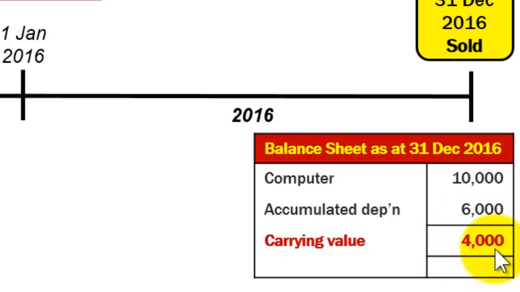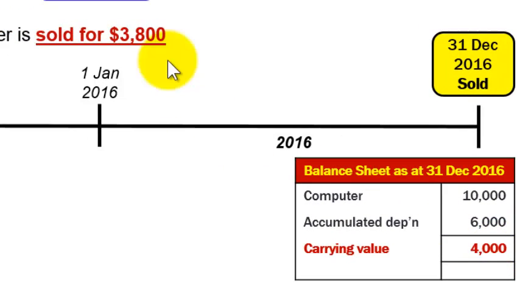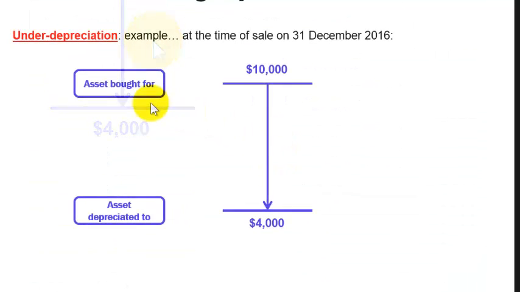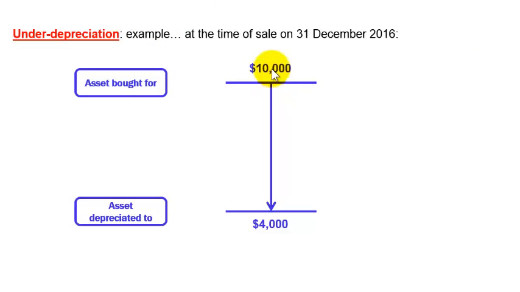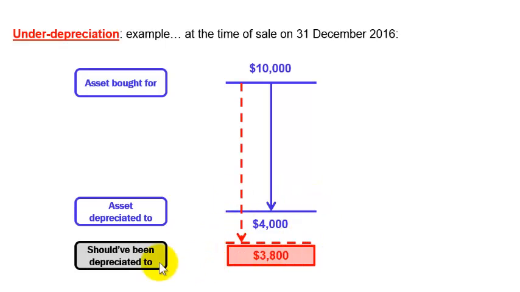So you can see there's a difference here. We think it's worth $4,000, but we sold it for $3,800. So straight away, you know, I've made a loss. So what do I do? In this particular example, we've under-depreciated. We thought it's worth $4,000 after depreciating $3,000 for 2 years, which amounts to our written down value or carrying value of $4,000.